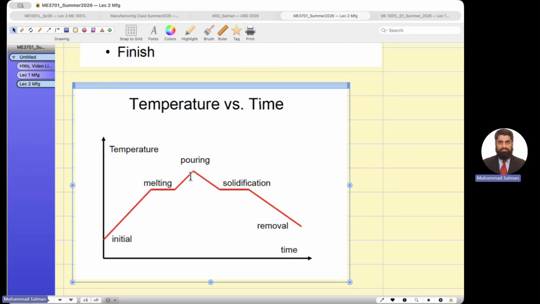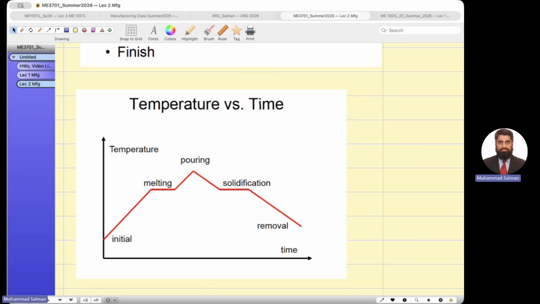And then pouring happens when it is a little bit higher than the melting point, and then you start pouring it. And then solidification happens. During the solidification change of phase, temperature remains constant. We use the latent heat.